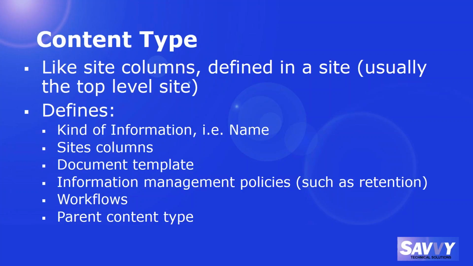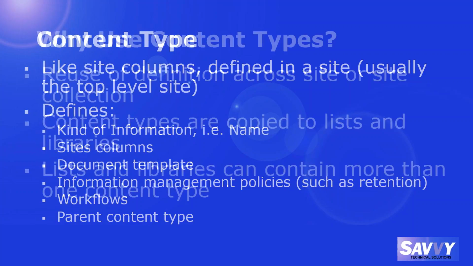And I can do that because I know that those columns of information are being collected with each document that's being uploaded. I can't do that if it's just a normal document and there's no site columns associated with it.